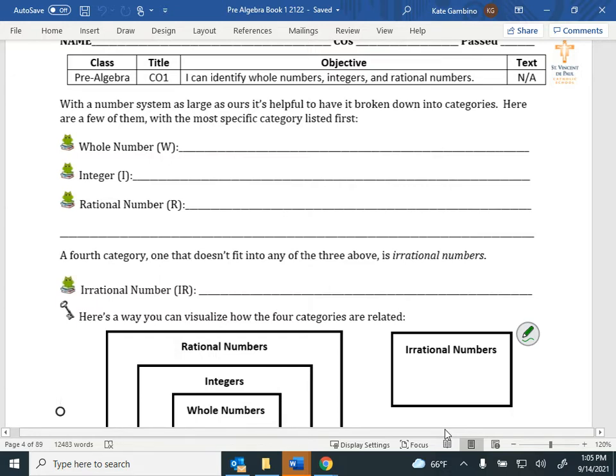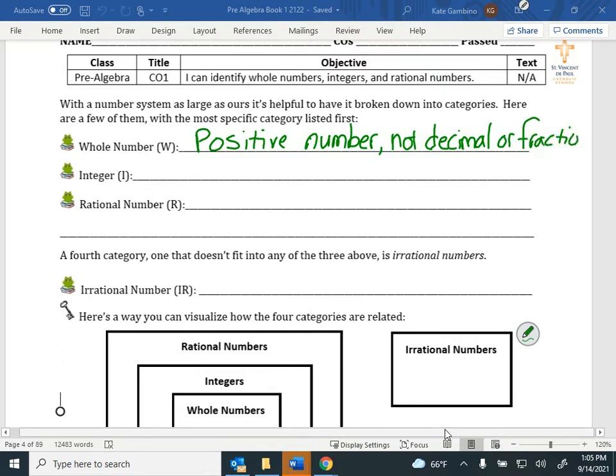So the whole number is a positive number. But it's not just any positive number. It cannot be a decimal or fraction. So not decimal or fraction. Then we have integers.